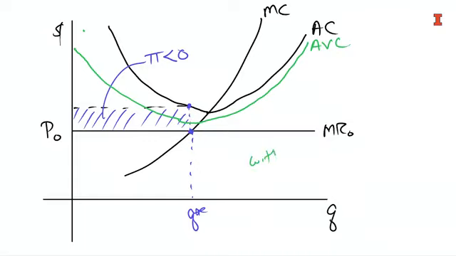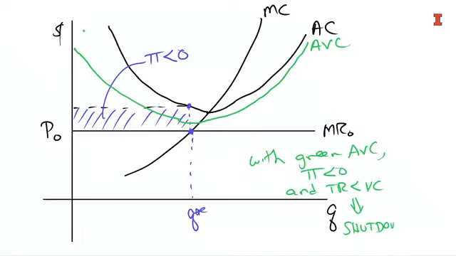With the green AVC, profits are negative, and total revenue is less than variable cost, which implies shutdown. You put a padlock on the door, and you just stare at the phone and wait for your broker to call and say, I found a buyer for that brick and mortar.